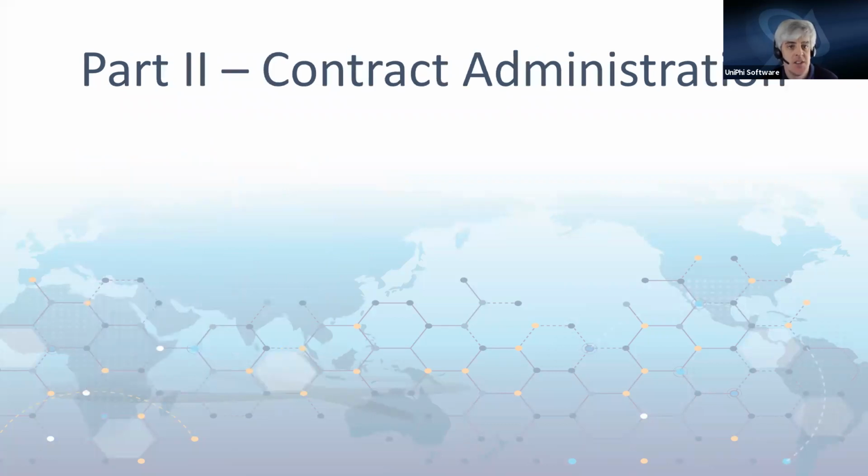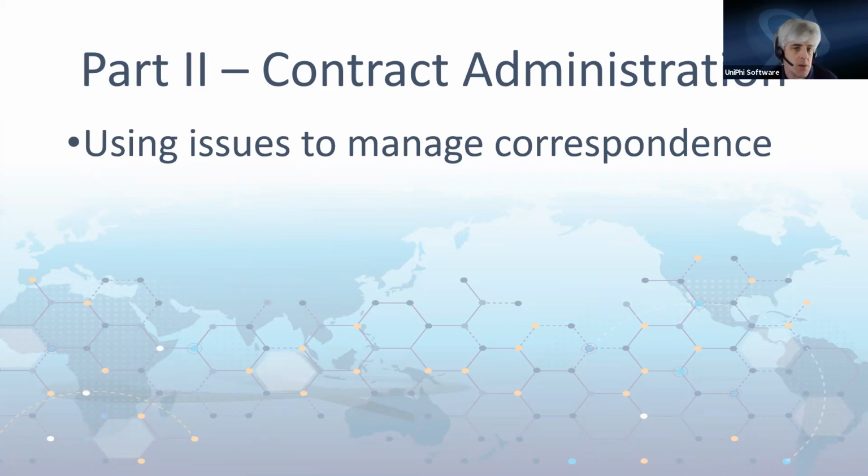So today, we'll just have a little recap of all of that. But just so you're aware of what we're doing today, we're going to start off by changing tack slightly and looking at the issue system and managing correspondence in Unify.